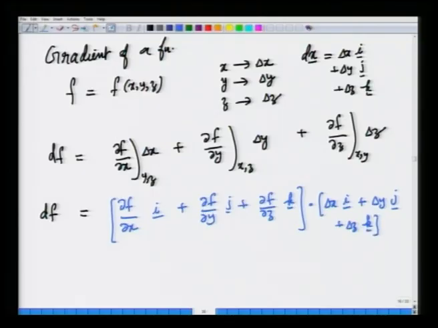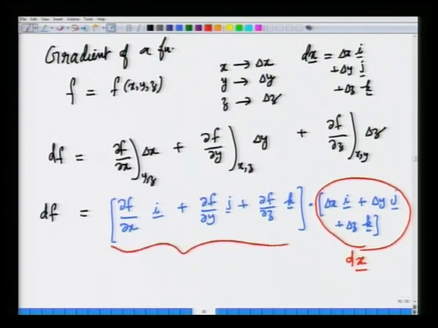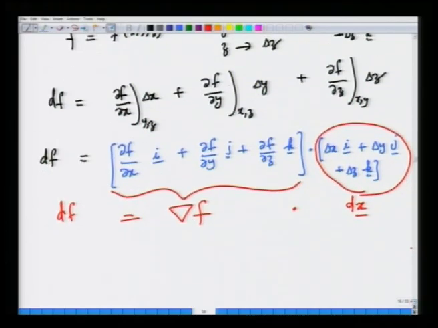This is nothing but the displacement vector, dx. This quantity is identified as grad f, dotted with dx. This is df. So, this quantity is called the gradient of the function f.